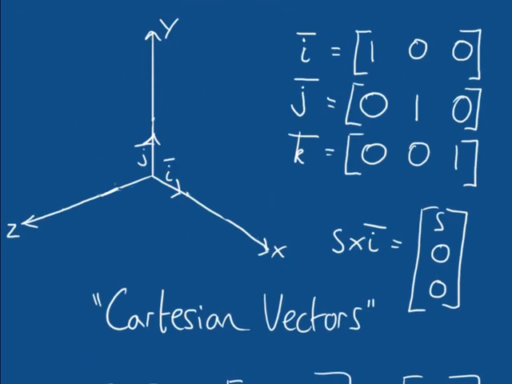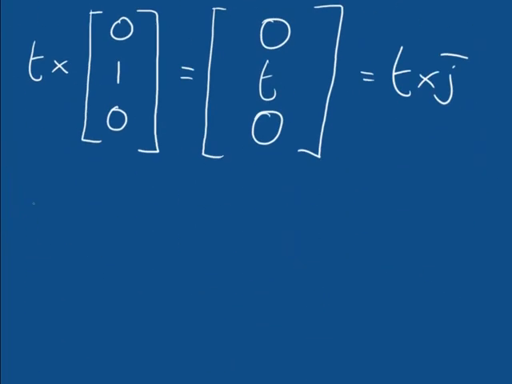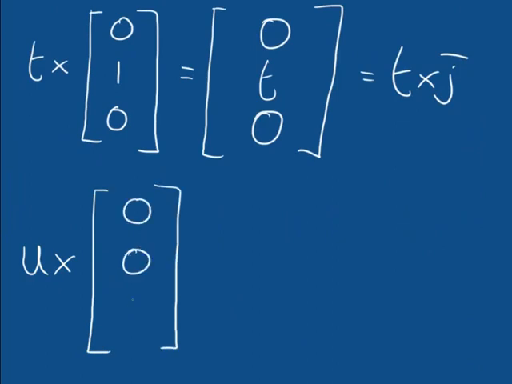Hopefully it's logical that we can apply this to our k vector as well, our z-axis vector. So we could take another variable. We've used s, we've used t, so let's use u. And I'm going to multiply that by our k unit vector. So 0, 0, 1, which is our k. It travels in the direction of z.